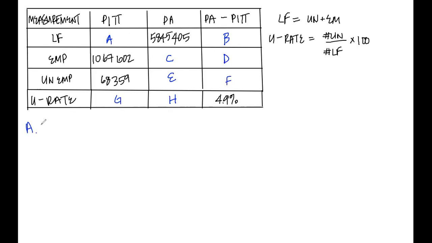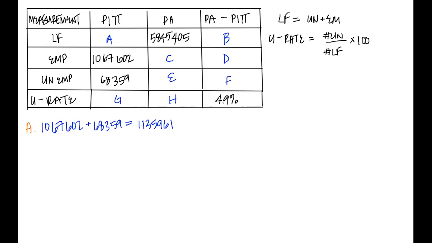So for A, let me use a different color. So for A, we see that 1,067,602 plus 68,359 gives us a labor force of 1,135,961.